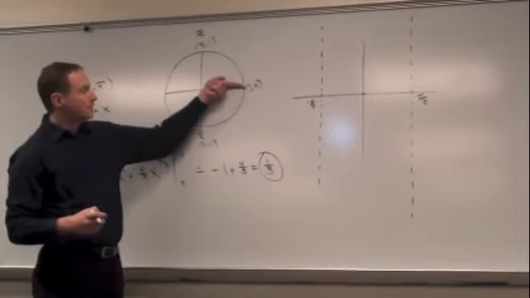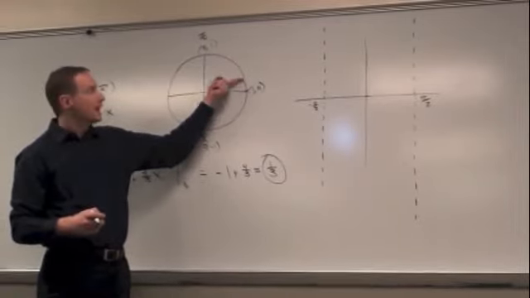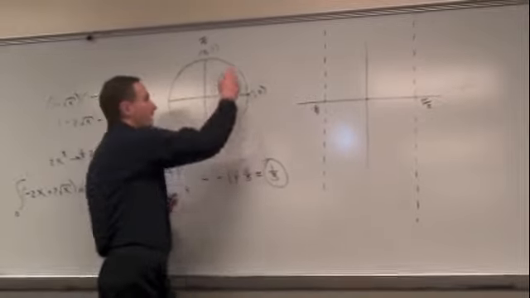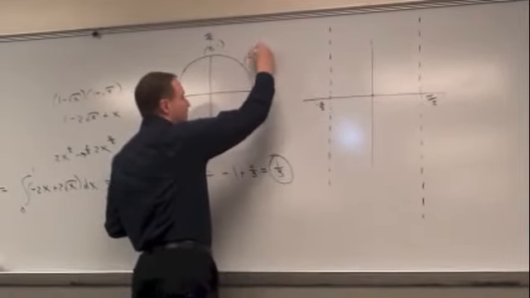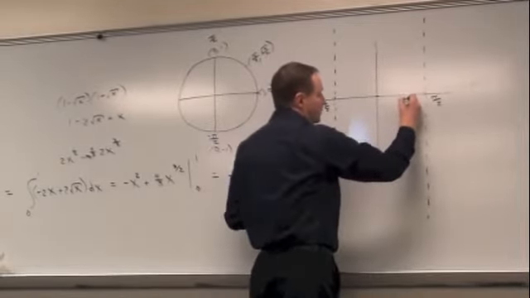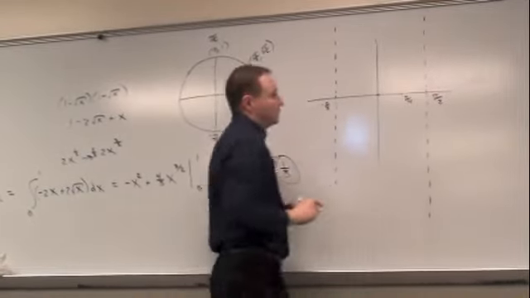So it starts off very small because the sine is small, the cosine is large. At pi over 4, it becomes 1, because at pi over 4, both the sine and cosine are the same value. So that's another critical point here. Pi over 4, the value is 1.